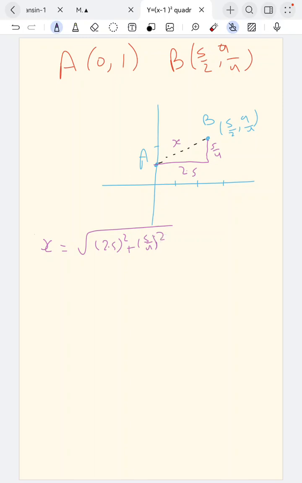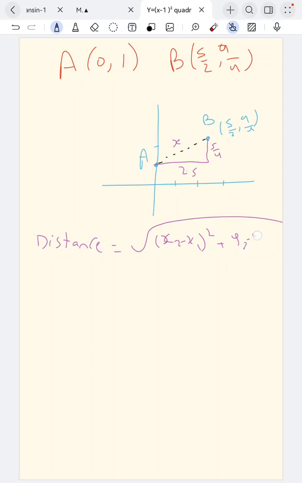Okay, do you have another way? Yes, we have another way. There is a formula that you can use to get the distance in any coordinate plane. There is a distance formula, if you'd like to save time and know it. The distance formula is the square root of x2 minus x1 all squared plus y2 minus y1 all squared. What do I mean?